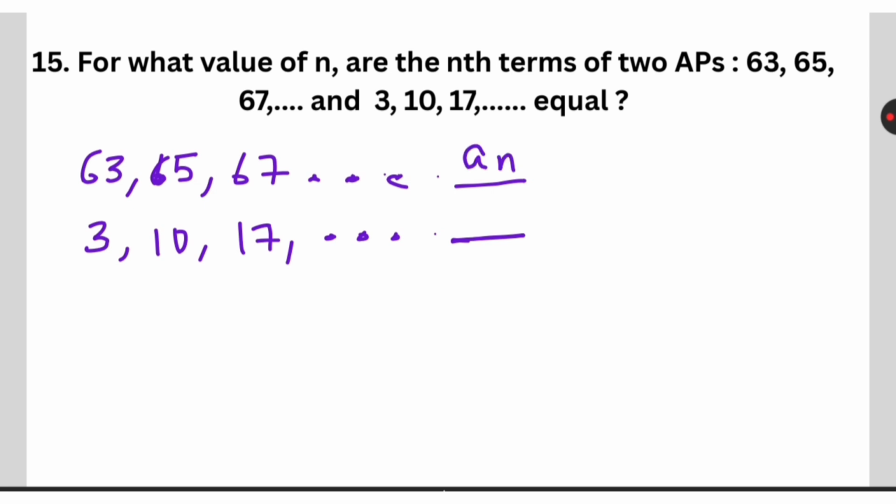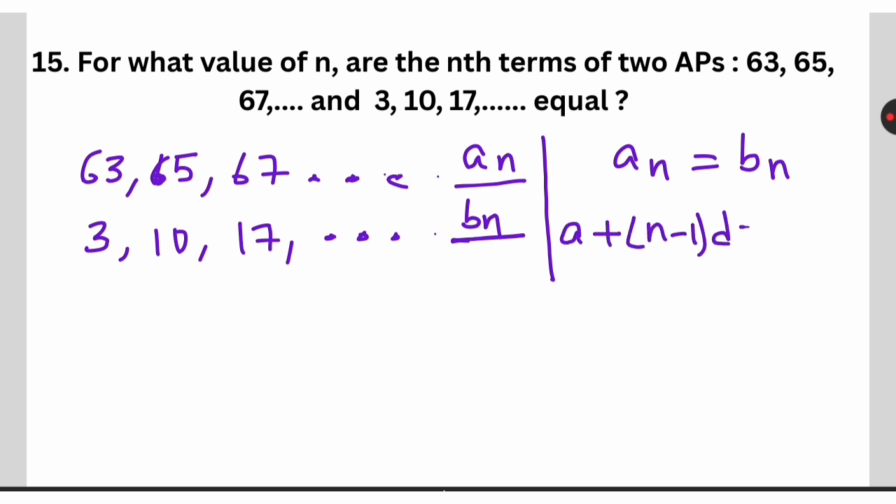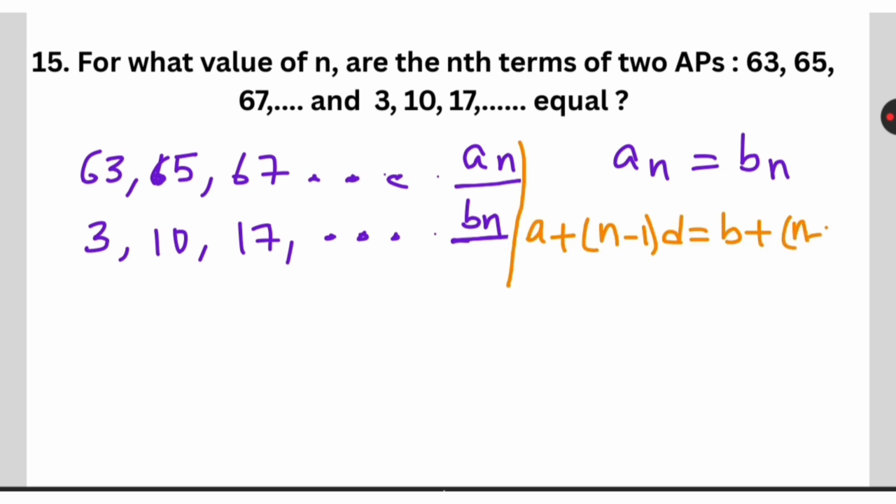If we consider the first arithmetic progression as an and the second arithmetic progression as bn, these two are equal at some point. We don't know that, we need to find out. So they said an equals bn, somewhere the nth term is equal. What is the an formula? a plus n minus 1 into d. Similarly, what is the bn formula? b plus n minus 1 into d.